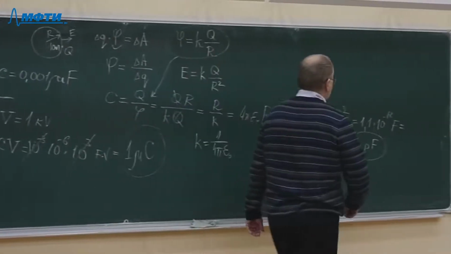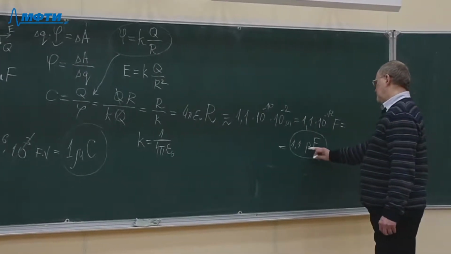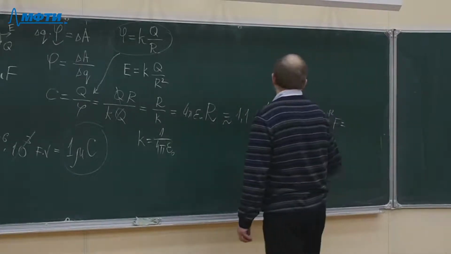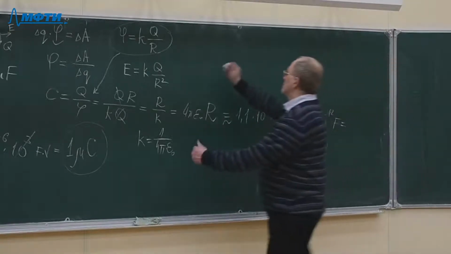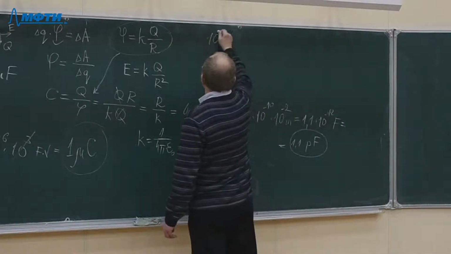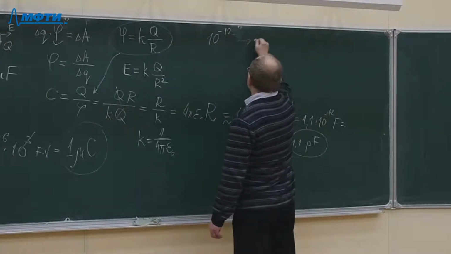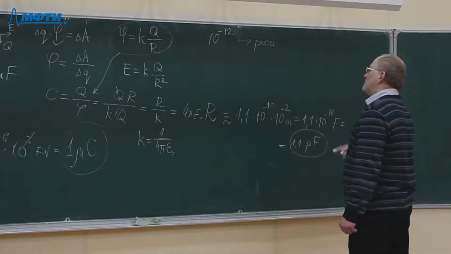Very small capacitance. At this point, it's quite reasonable to explain the system of denoting different powers of 10. If we have 10 to the power of minus 12, that will be picofarads or picoseconds or anything.